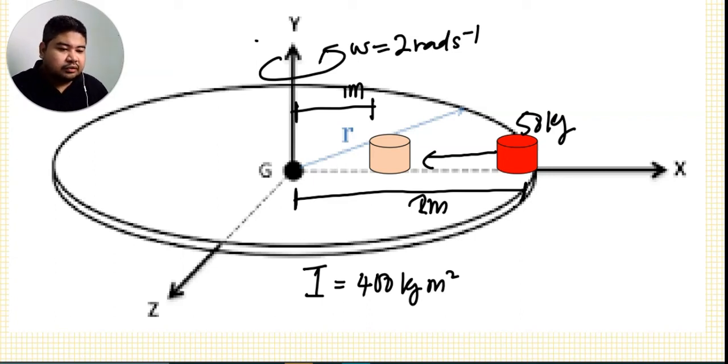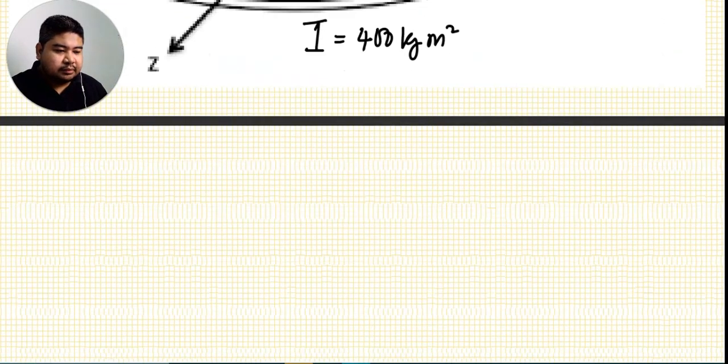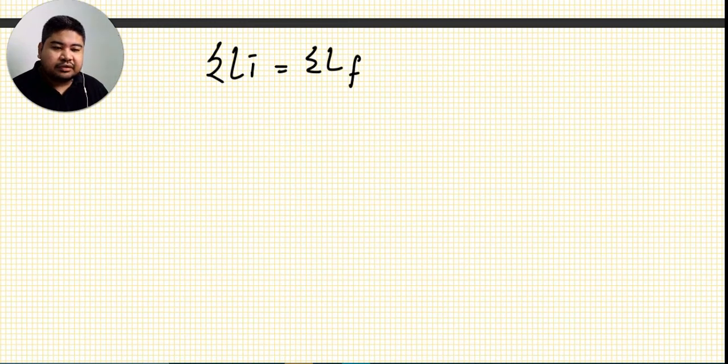The way we are going to solve that is by using conservation of angular momentum. Conservation of angular momentum states that the total angular momentum of the system initially is always equal to the total angular momentum finally.